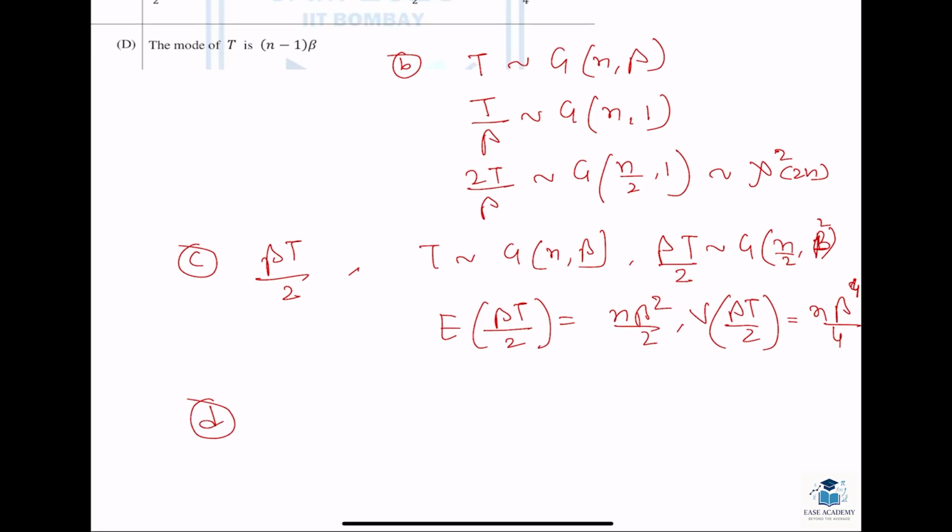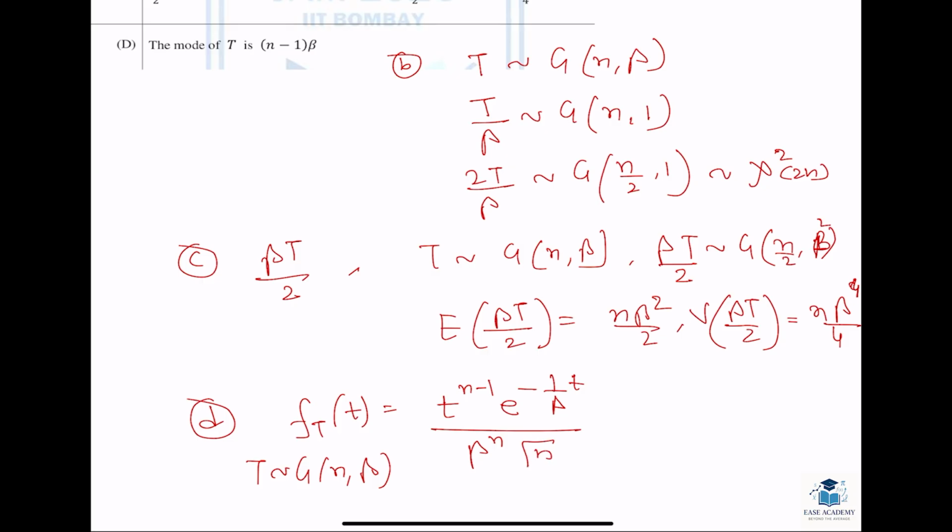For this we need the PDF of T, since T is following gamma n comma beta, this would be T to the power n minus 1, e to the power minus 1 by beta T, divided by beta to the power n gamma n.